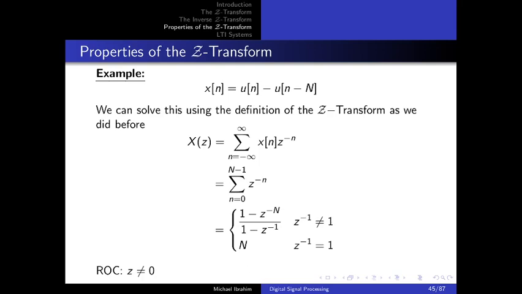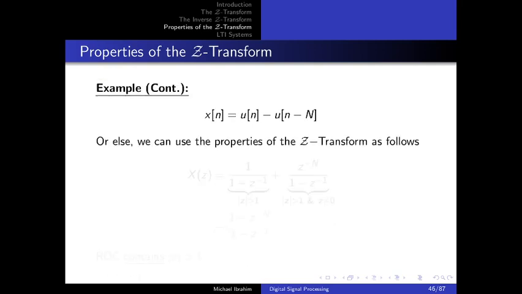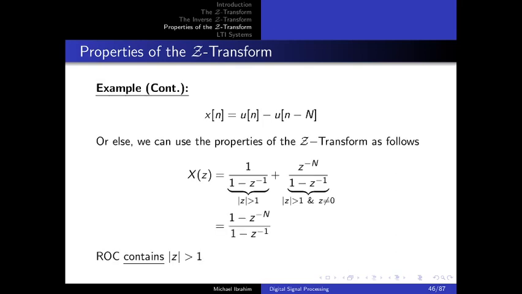The two ROCs do not contradict each other. Here it says it contains, or at least is the range modulus z larger than 1, so it agrees with the previous ROC. And if we dig a little bit deeper, we will find that we have a zero that will cancel the pole located at 1, and hence extending the ROC to cover the entire Z domain except z equals 0.